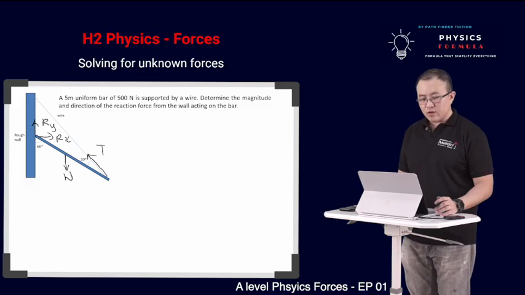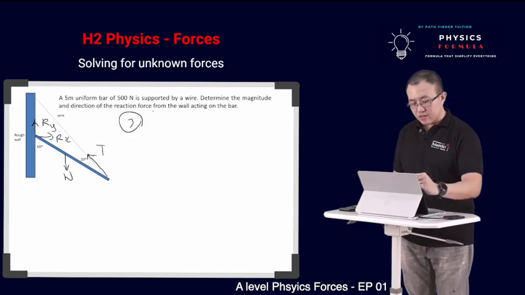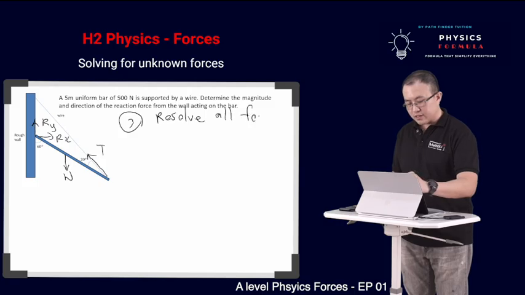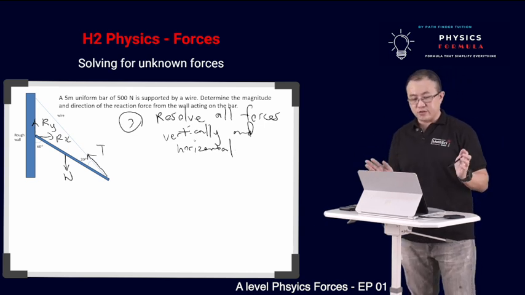In order to make use of the diagram to find what you need right now, I need to resolve all forces vertically and horizontally, because then you can do the adding up equals to 0 thing.